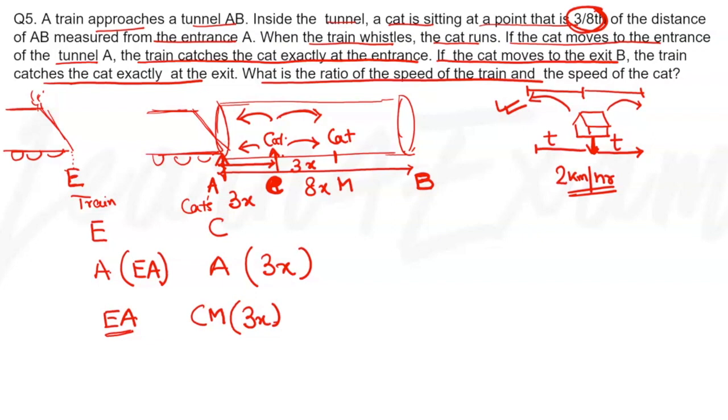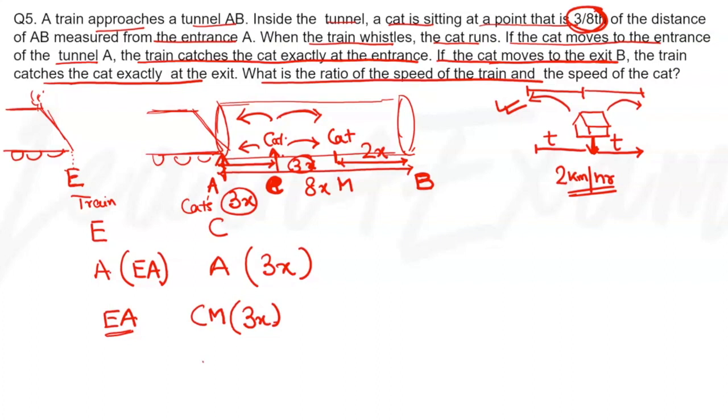Now it's given in the question that if the cat moves towards the exit B, the train also catches the cat exactly at the exit. So the remainder of this is 3x, this is 3x, the entirety is 8x, so this would be 2x.